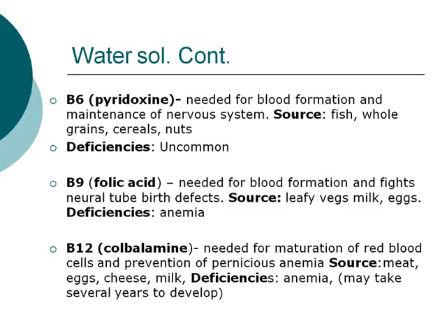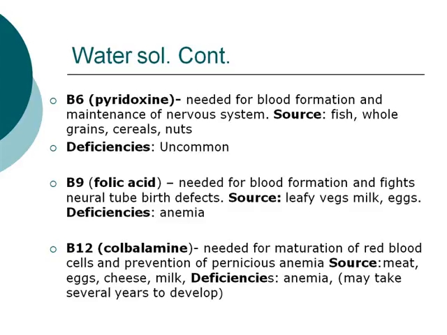Folic acid is needed for blood formation and fights neural tube birth defects. That's why it's so important for females to have an adequate supply of folic acid before they become pregnant, or especially in that first trimester. The sources are leafy vegetables, milk, and eggs.